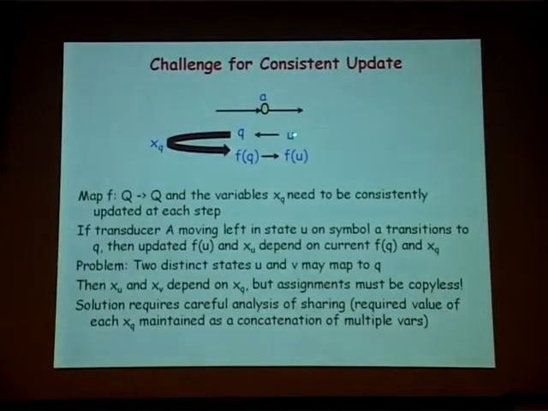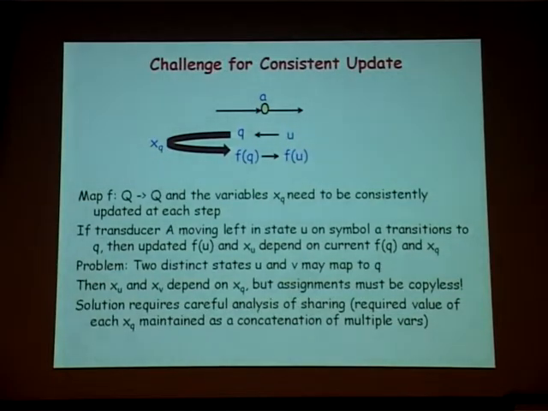Well, to state u, we feed the symbol A, which says that here you would be in state q. We have inductively computed the value f of q. So to f of q, we can apply the going forward relation on symbol A, and that would be the updated value of f of u here. This is the state you would end up in if you started here.